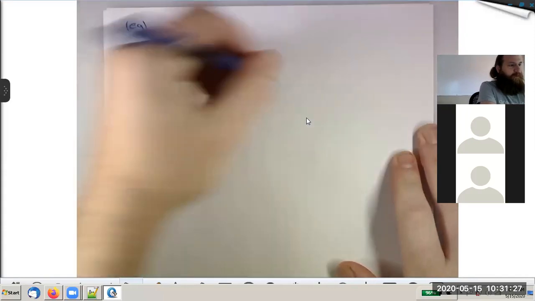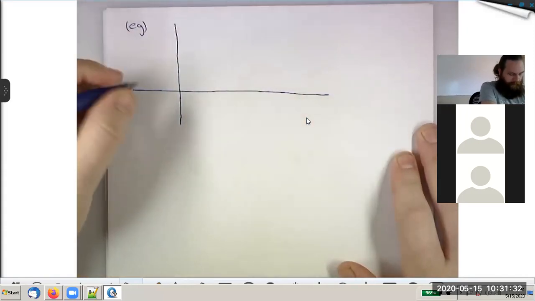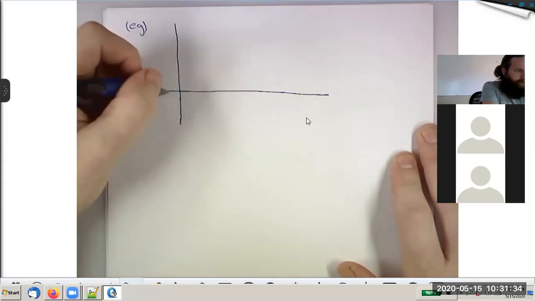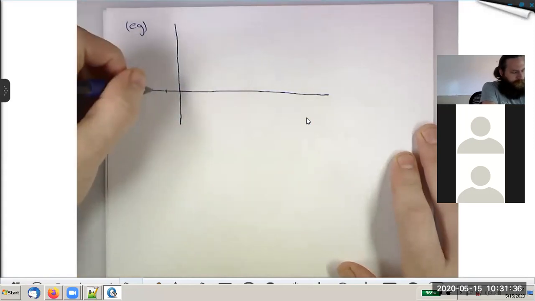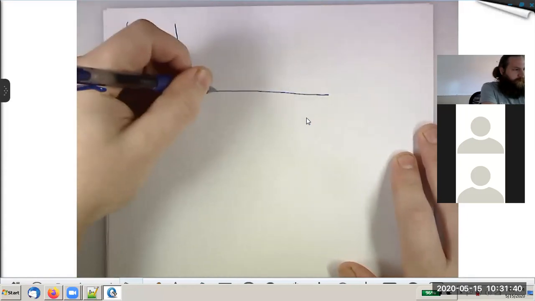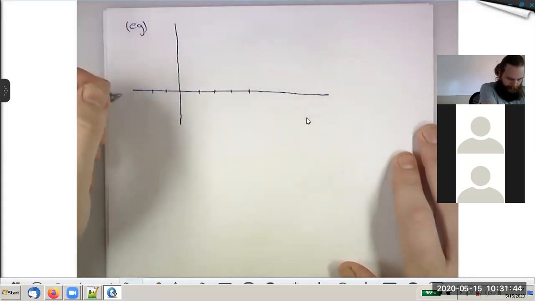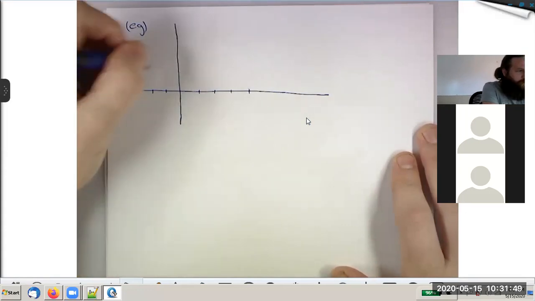And then we're going to use this graph to compute some limits. So we'll have this, sure, why not? 2. We're going to go out to 4. And we can have f be discontinuous here.